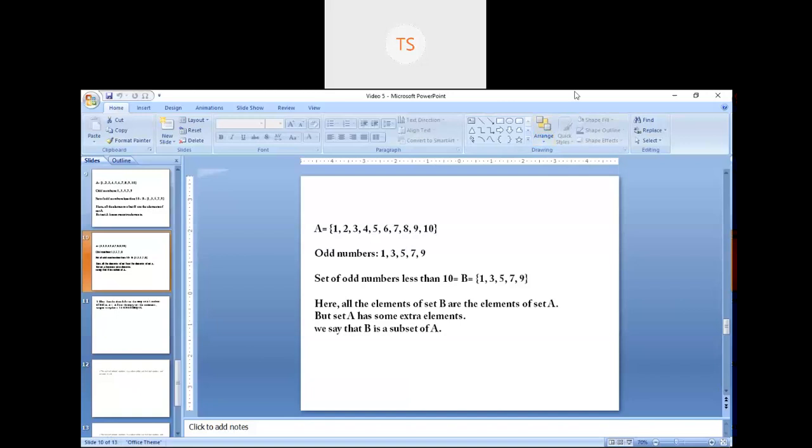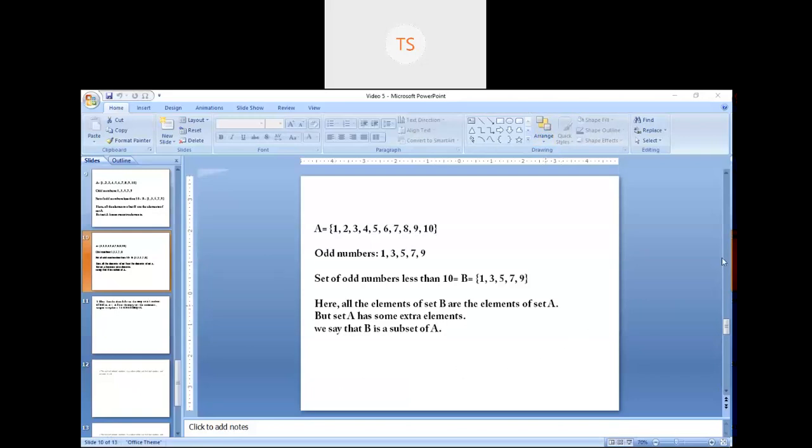Can anyone tell me? Yes, there are some extra numbers in set A. So that's why set A is the bigger set.